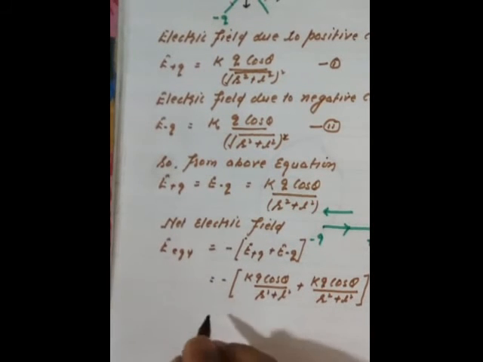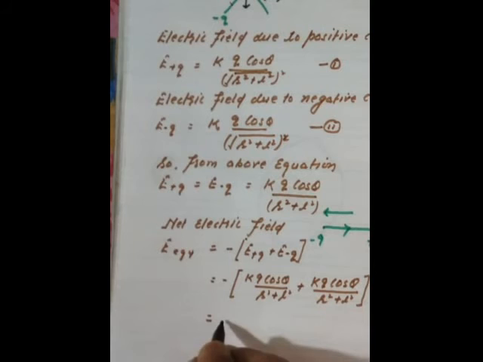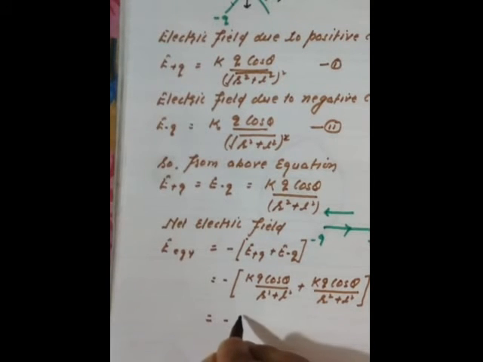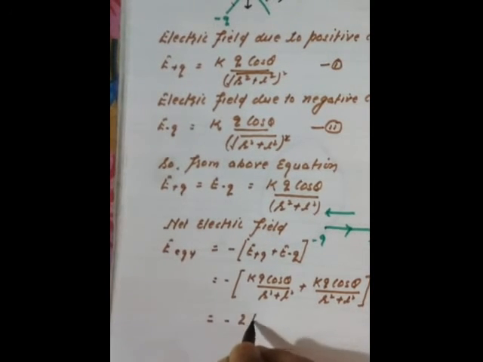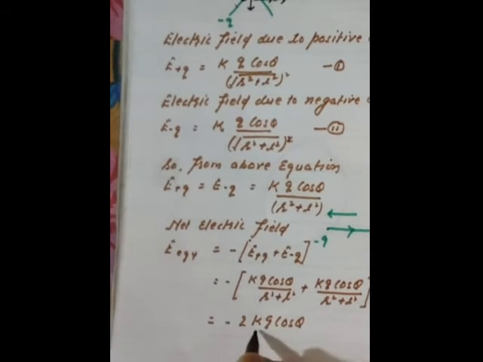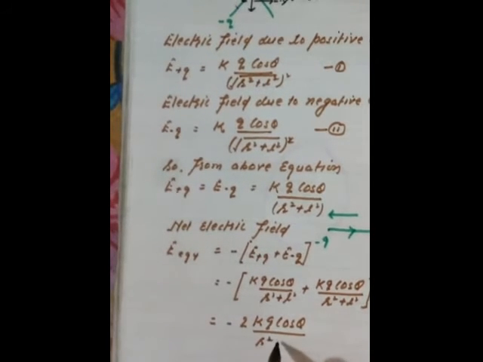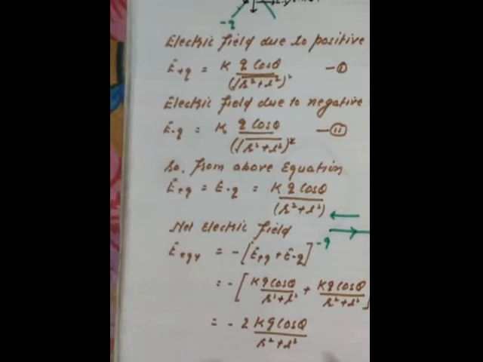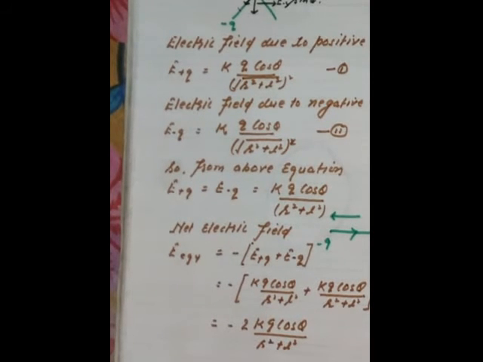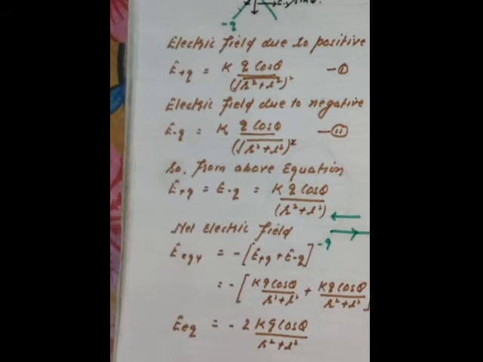Both are same, so here we can write negative 2 kq cos theta upon r square plus l square. Okay, this is the equatorial position electric field.